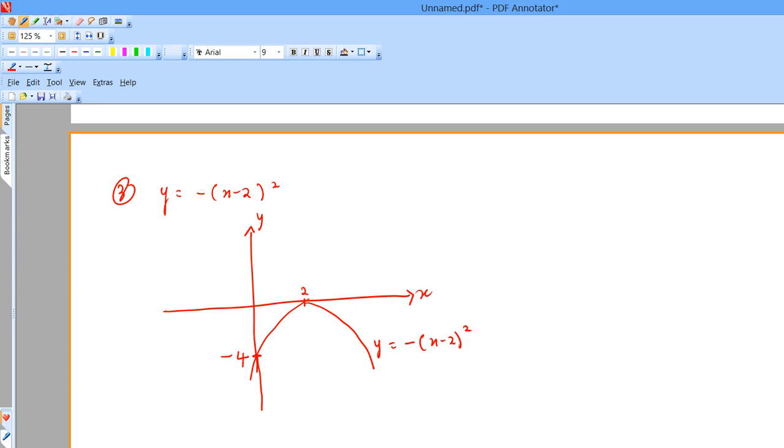Okay, next, graph number 4. y equal to negative (x minus 2) square plus 3. So we add the constant 3, which means we need to shift the graph upward by 3 units.